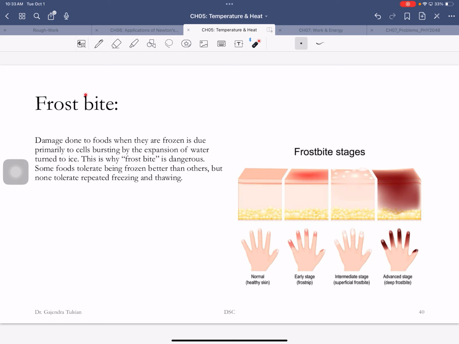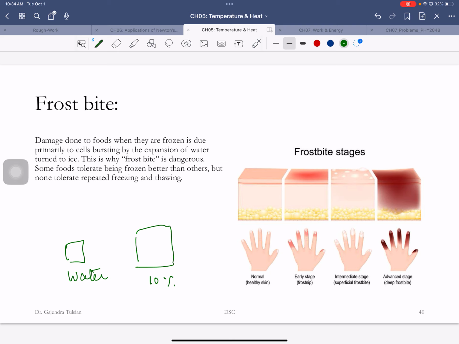All right, what is frostbite? When water freezes and goes to ice, it expands and its volume increases by 10%. So for instance, if you freeze the water inside a cell, its volume would increase and that would kill the cell.